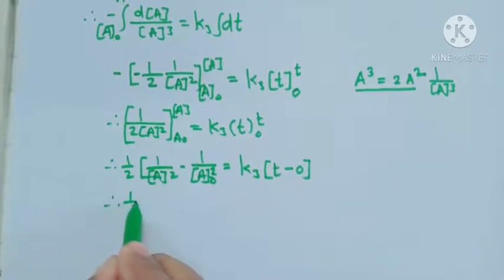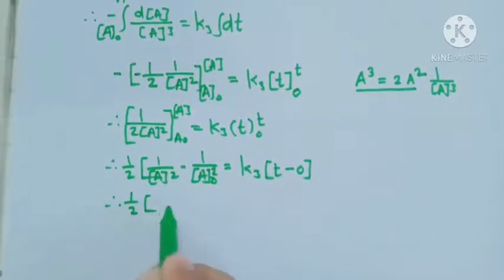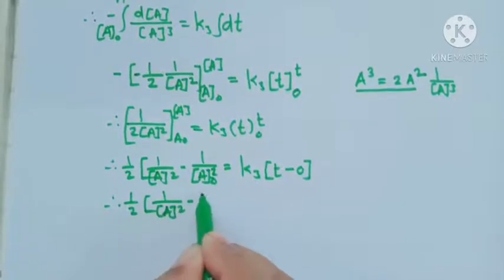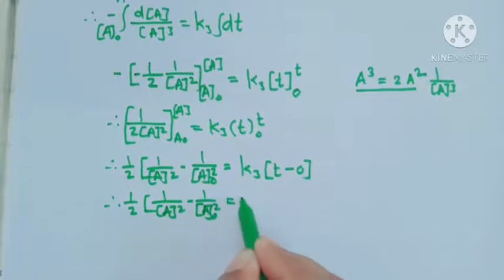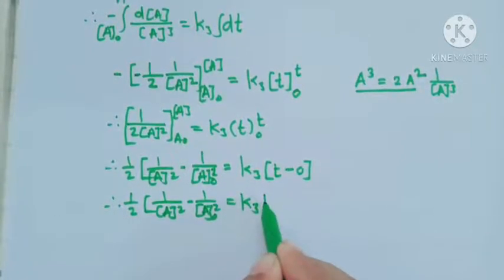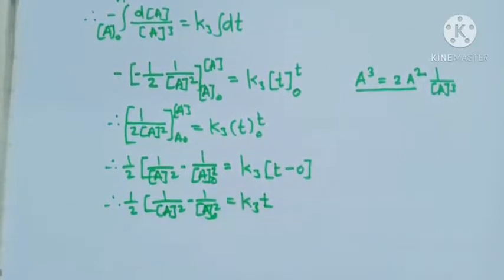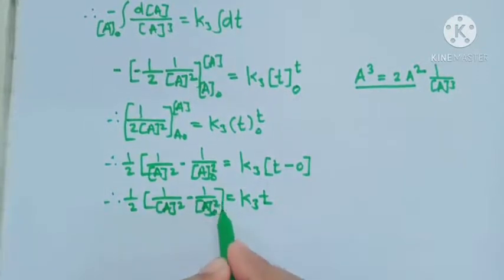Therefore, we will get half into 1 upon a raised to 2 minus 1 upon a0 raised to 2 is equal to k3 t.